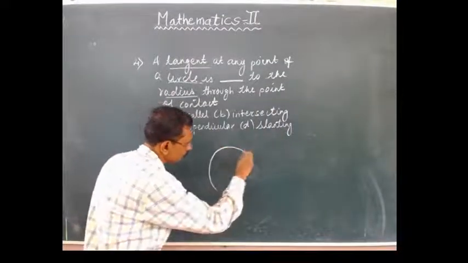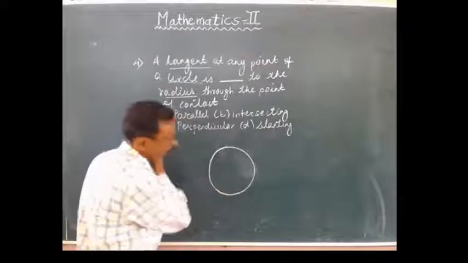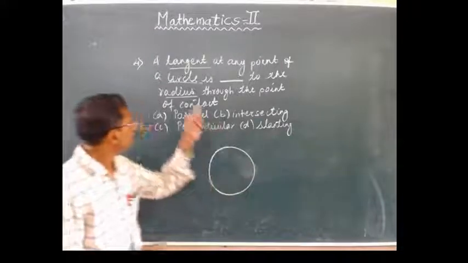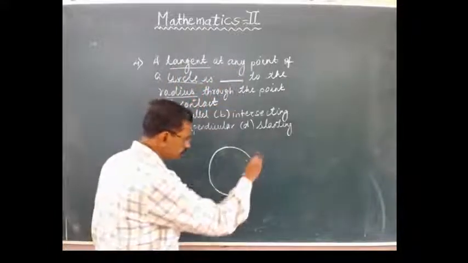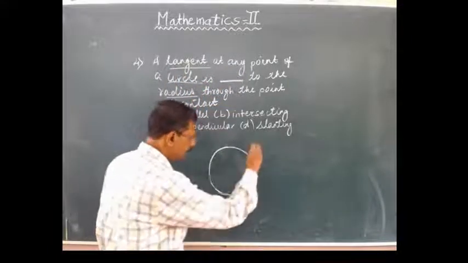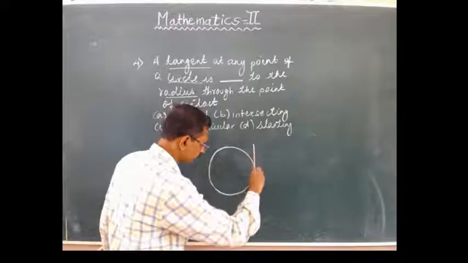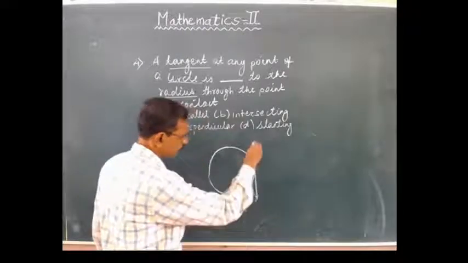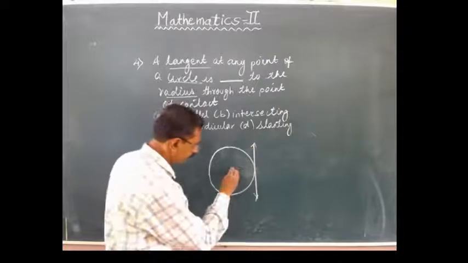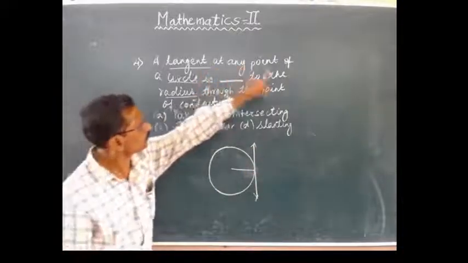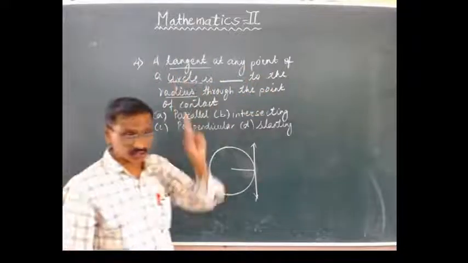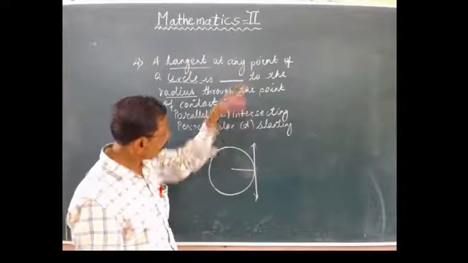Okay. We have drawn a circle. A tangent at any point to the circle. Suppose we say this is the tangent. And this is the radius. Right? A tangent at any point of a circle is dash.